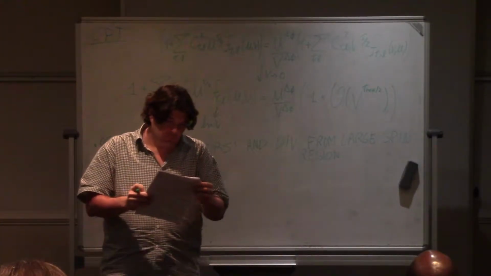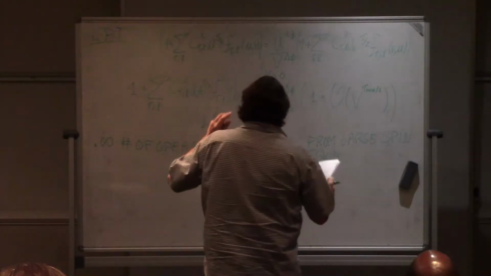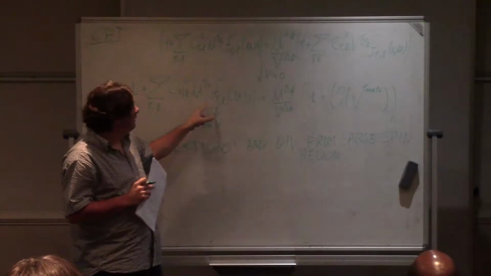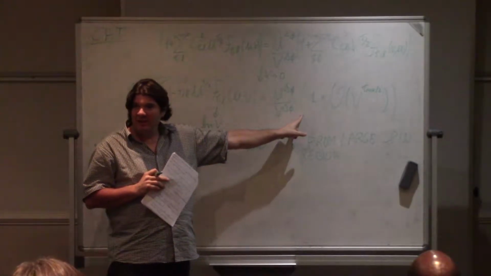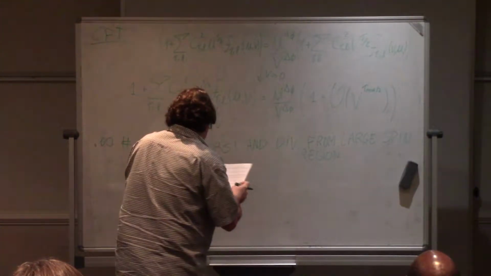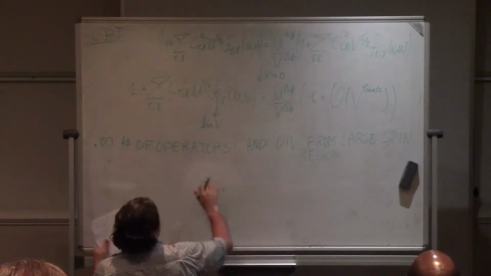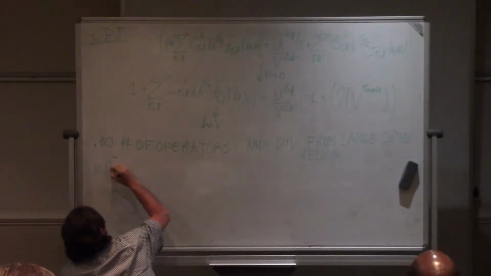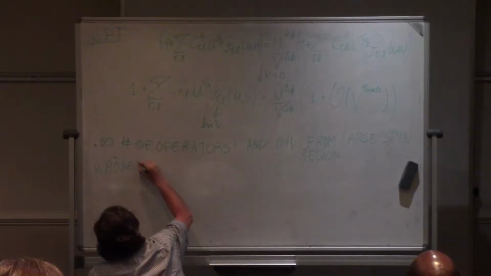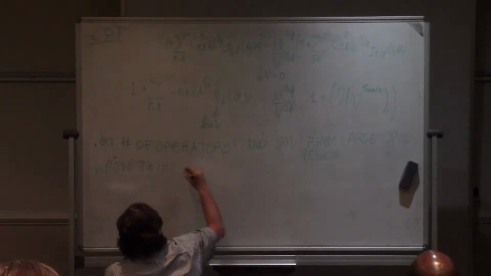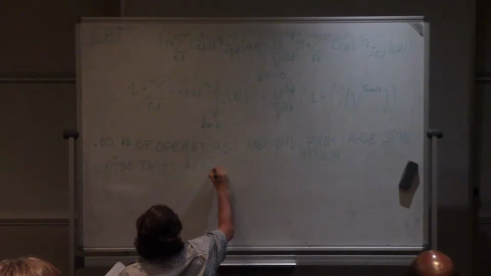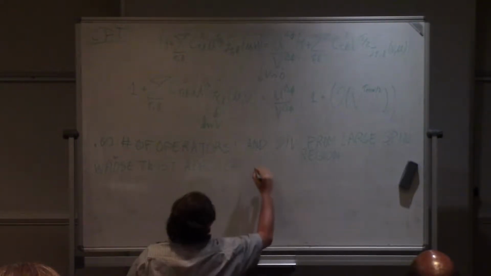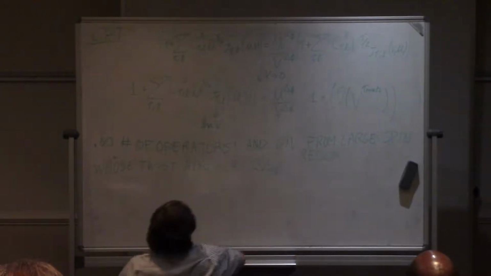So now, by looking at the powers of U on the left and on the right, we see that we need an infinite number of operators whose twist approaches 2 delta phi for large spin.